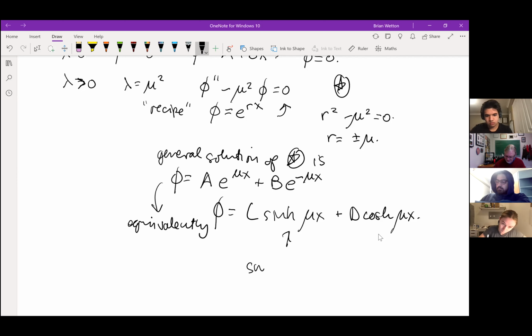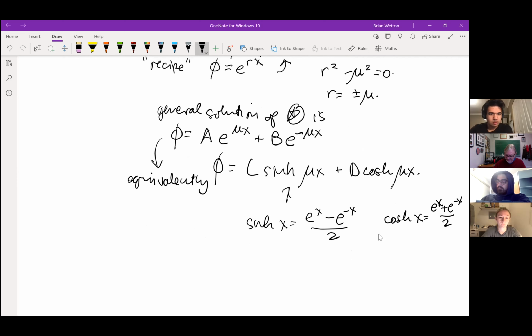And hyperbolic cosine is e to the x plus e to the minus x over 2. So really using hyperbolic sines and cosines is just sort of a change of basis of one form to another, right? You can get C and D from A and B with just linear algebra, and it's invertible. So this is just a different way to change it.